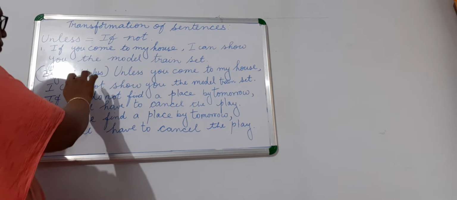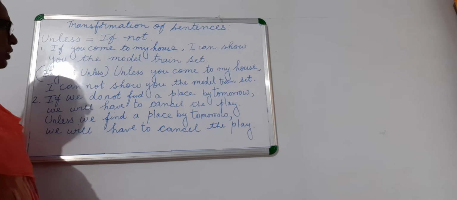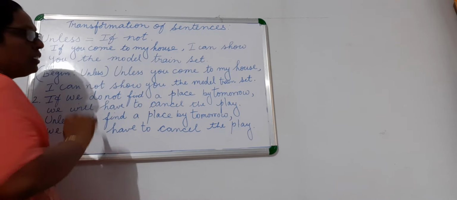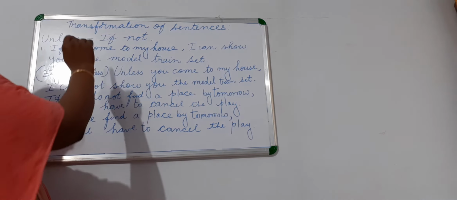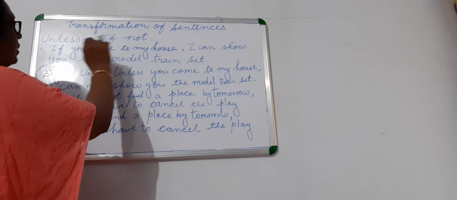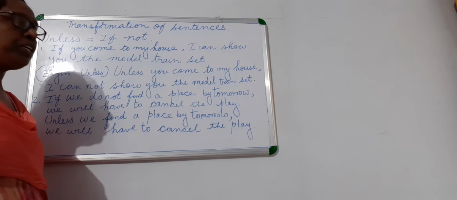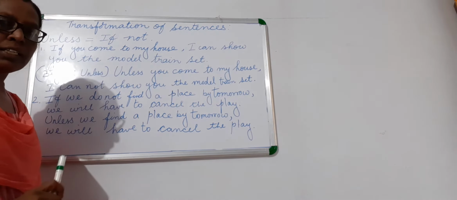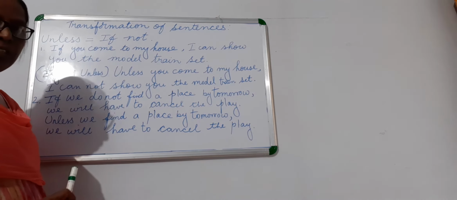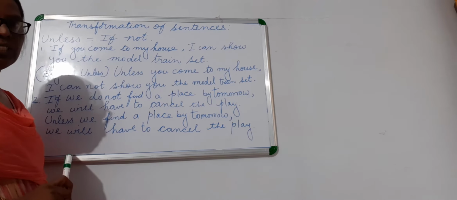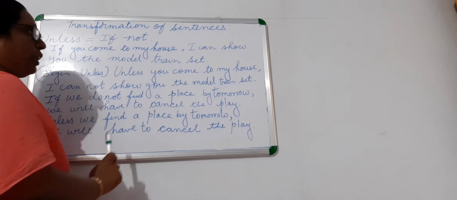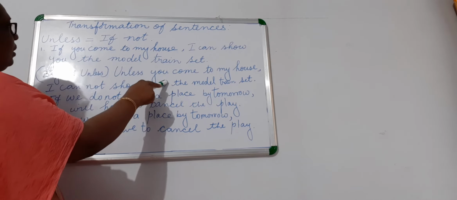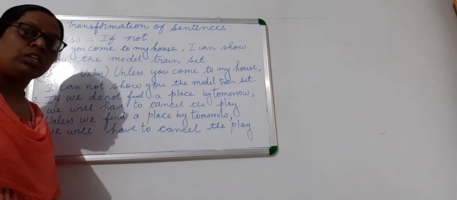So when you use unless, and you see in the sentence that if is there but not is not there, you have to use not to make the sentence meaningful, as the question says without changing the meaning. To give the same meaning in your answer, you have to use not.